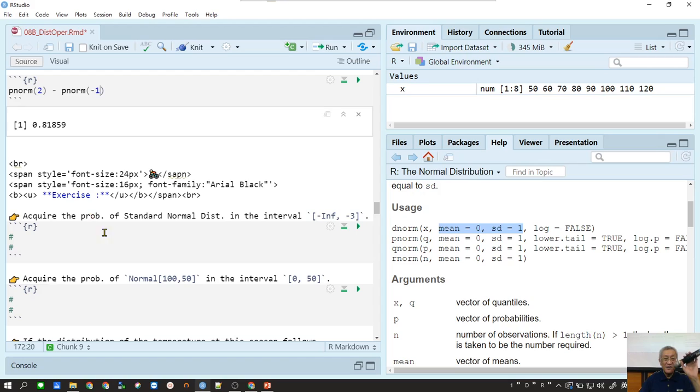And then more exercise, right? I want to know the probability from the left tail to -3. How much is that? Try to do it and raise your hand, okay?